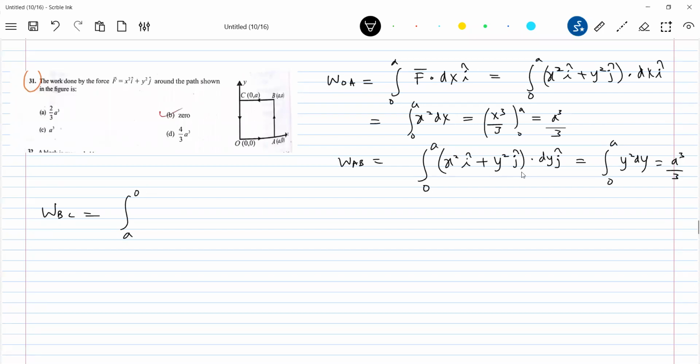And this will be F bar dot dx i cap, with F equal to x square i cap plus y square j cap. So this should be x square dx from a to 0. Substituting, we'll get this much. Similarly, work done from C to D. C to D, again the limit will be from a to 0.